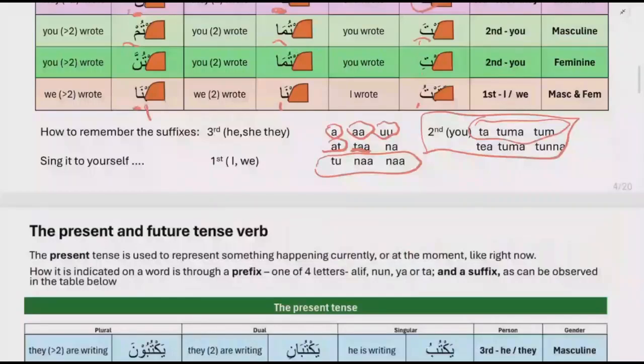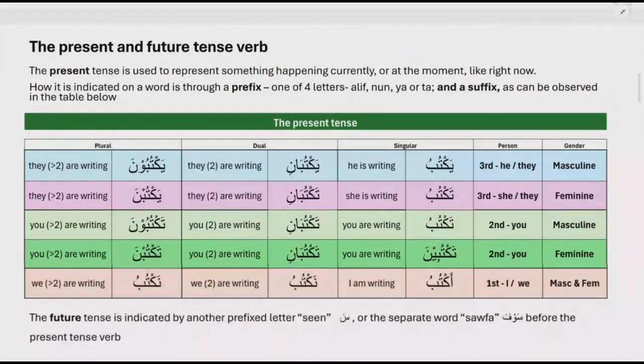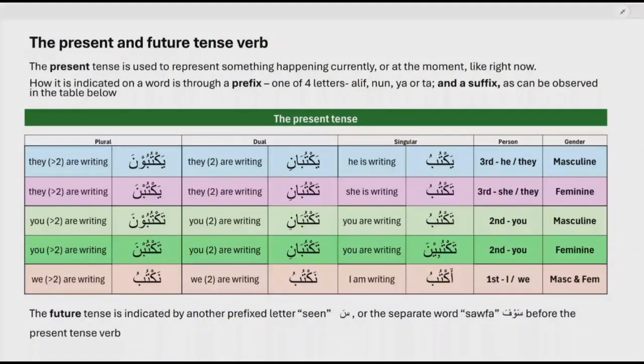Let's move on to the present tense and the future tense. We said here there's both a prefix, and these are the four letters: alif, nun, ya, ta. So there's an alif that comes in the first person, the nun comes in also in the first person, and the ya comes in the he, the they, the plural, as well as a plural.